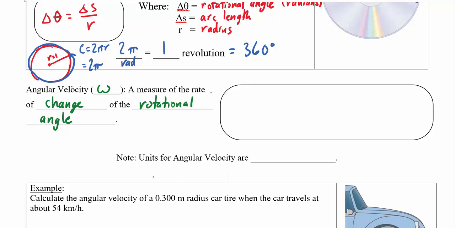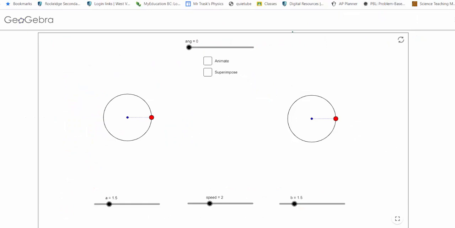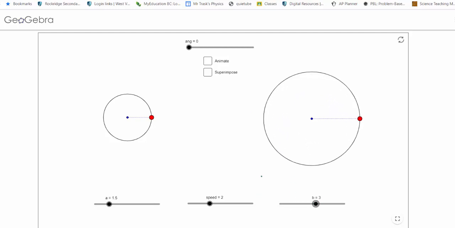Now, just for a conceptual look here, let's take a look at something. So imagine I've got two circles, and I've got these objects at the end of the circle. Now imagine that the second circle is much bigger than the first, okay? But when I turn it on here, both of these circles move around.